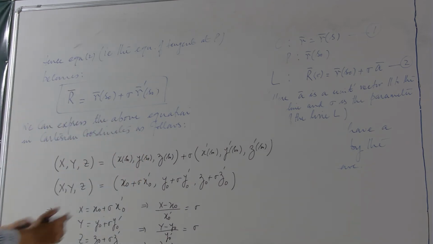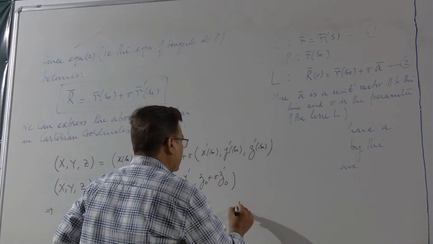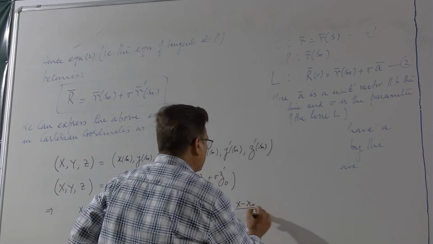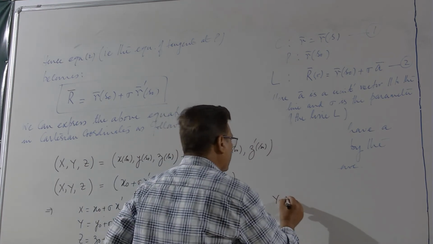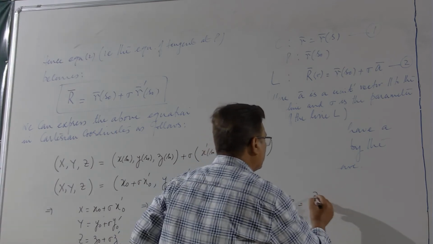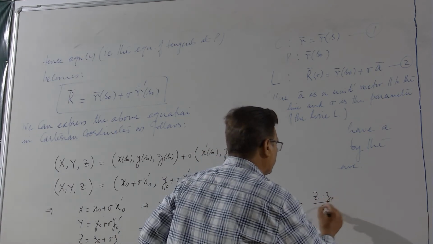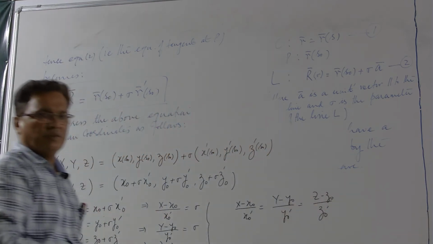If you write all the three relations together, you can say that x minus x 0 upon x 0 dash equal to y minus y 0 upon y 0 dash equal to z minus z 0 upon z 0 dash. All of them are equal to sigma.